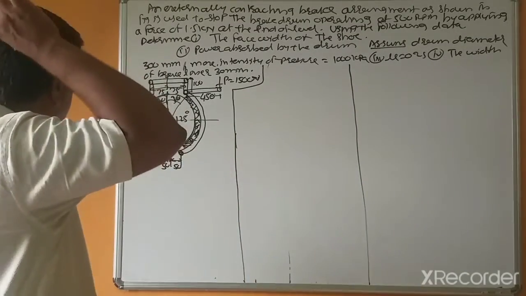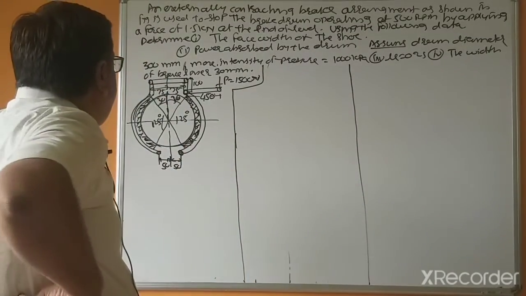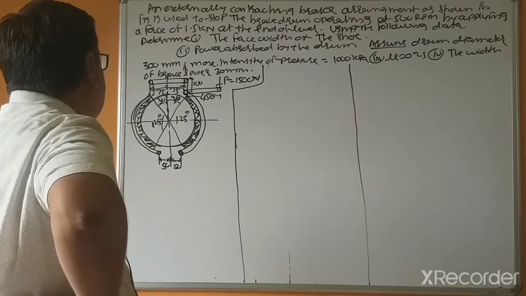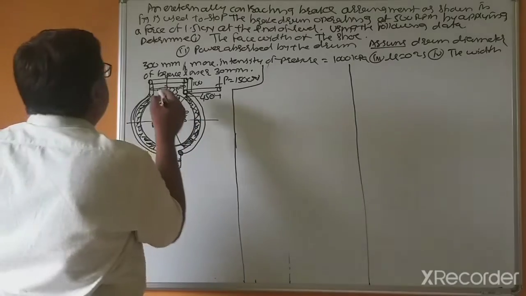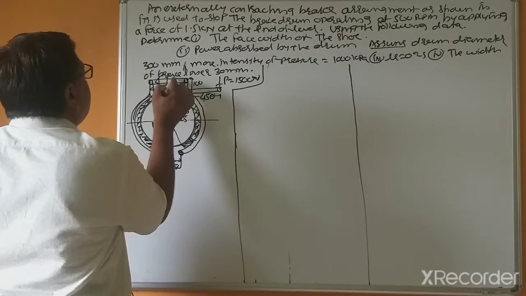So what it may be? So P equal to 1500 Newton. So first we'll calculate the tension in this link.